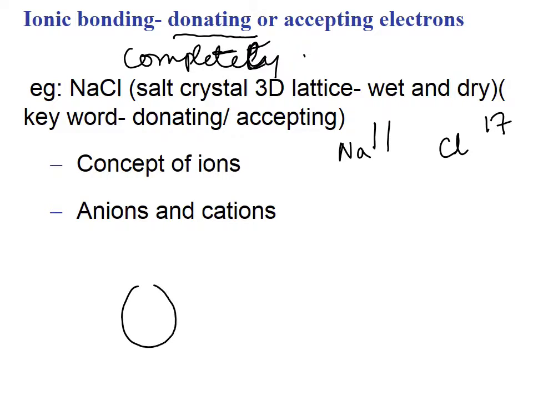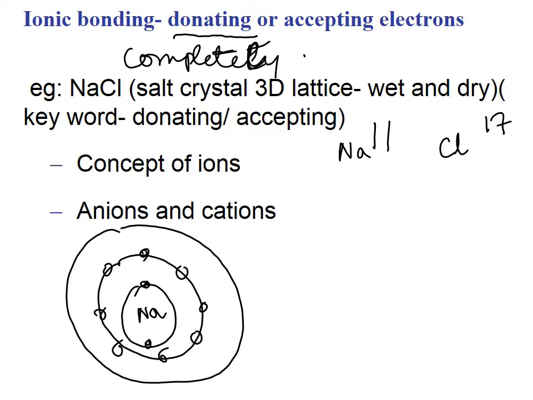So first orbital for sodium, 2 electrons, gone. Second orbital, 3, 4, 5, 6, 7, 8, 9, 10. Okay, so that's your 8 electrons for you. And the third electron, the 11th electron, is present. On the other hand, chlorine, atomic number 17.